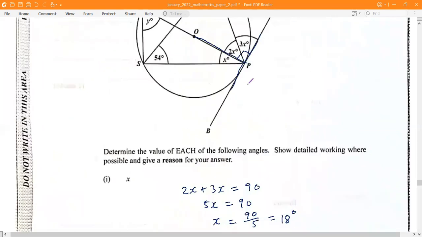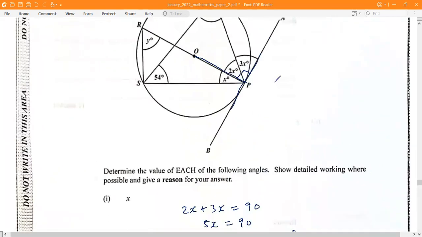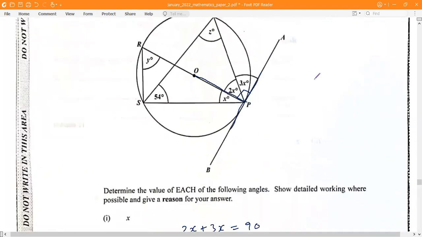Okay, we want to work out y. So we know that x is 18 degrees, and we know this is 54 degrees here. Let us focus on this triangle now, the triangle RSP.